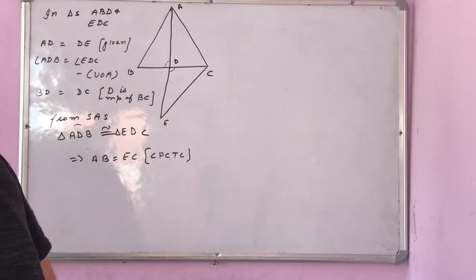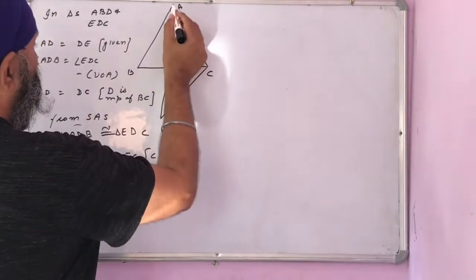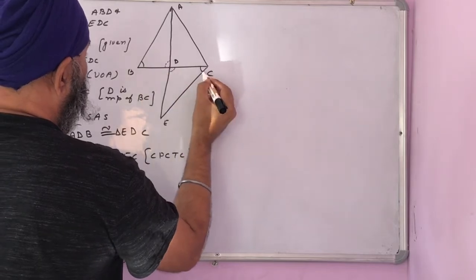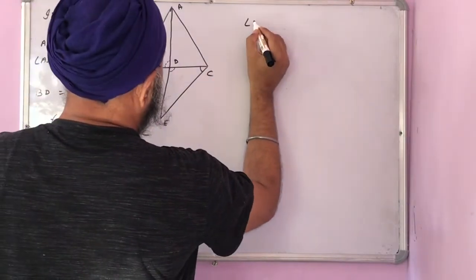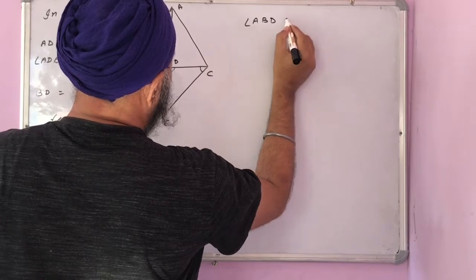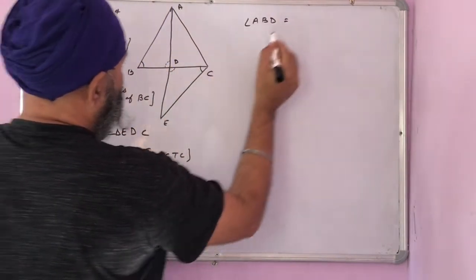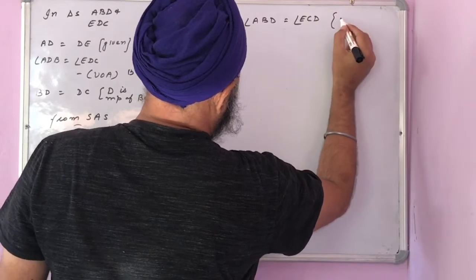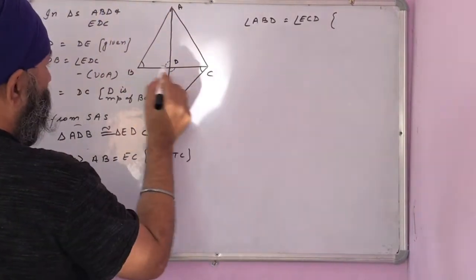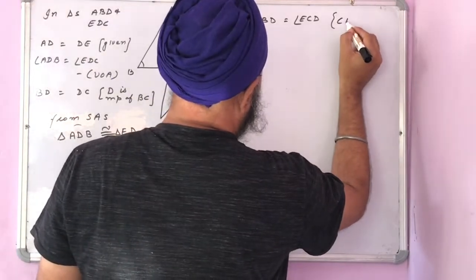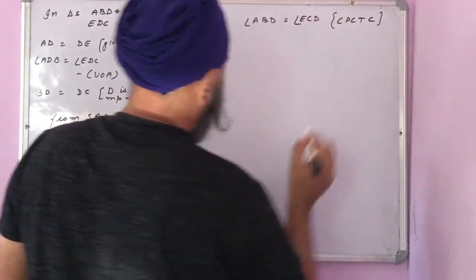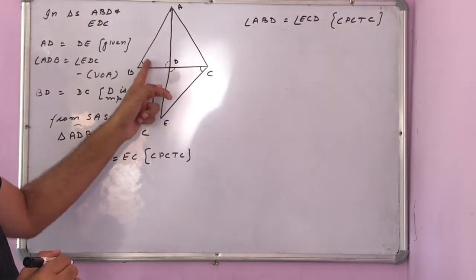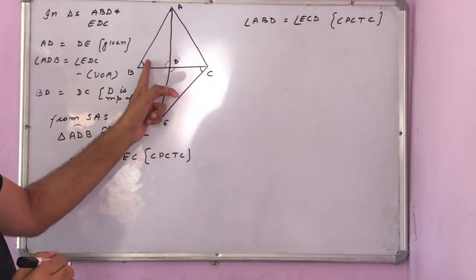Then we have to prove that AB is parallel to EC. So angle ABD is equal to angle ECD. These are called alternate angles. These two angles will also be equal from CPCTC, because corresponding parts of congruent triangles are also congruent.